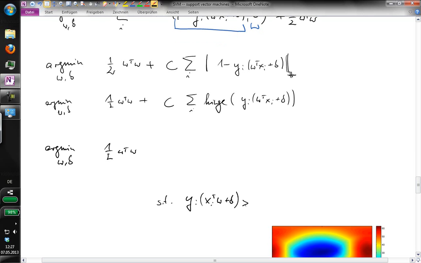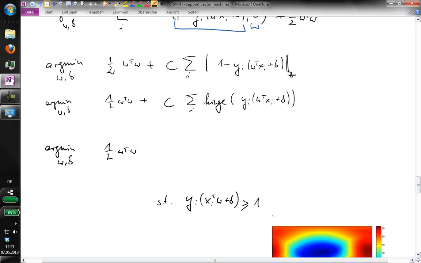So each point should be further than the margin from the decision boundary. So this is if I require strictly that each point should be outside the margin.